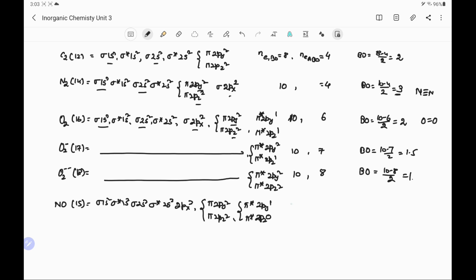So in this way it will have 10 electrons in the bonding orbitals, while the anti-bonding orbitals will have 2, 4 and 5 electrons. Therefore, bond order will be equal to (10 minus 5) by 2, which is equal to 2.5.